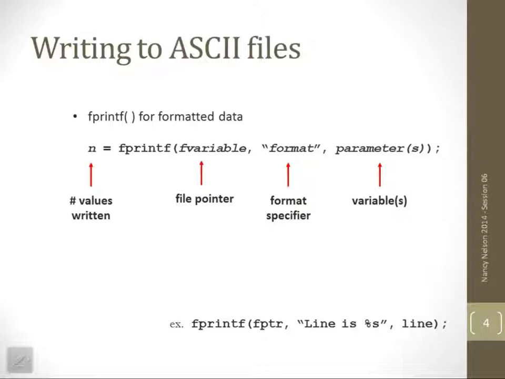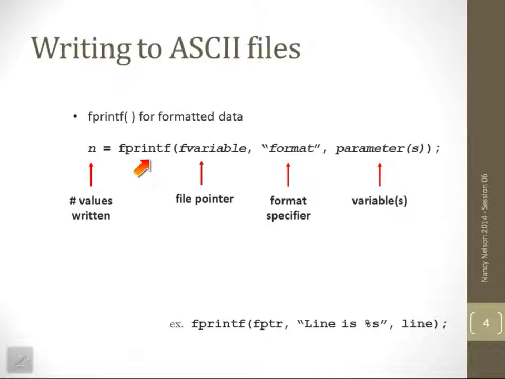So just like when we were reading from ASCII files, writing to ASCII files, we have three functions, and they pretty much mirror the ones we use to read. So instead of having an fscanf to read, we have an fprintf, and this allows us to print formatted data. So we can print integers, floats, anything like that to a file. The format's pretty much the same.